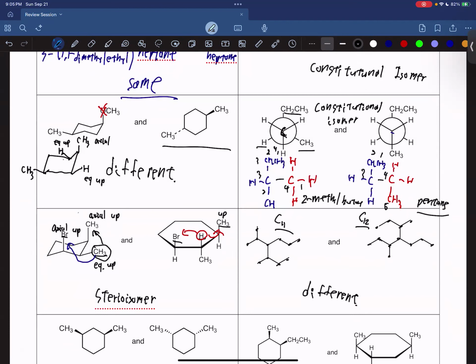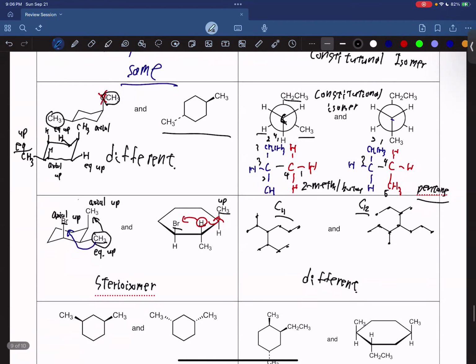So the ones alternating with each other are in axial positions. So that CH3 is supposed to be in the equatorial position. Yes. So we can say these CH3 groups are on the same plane.